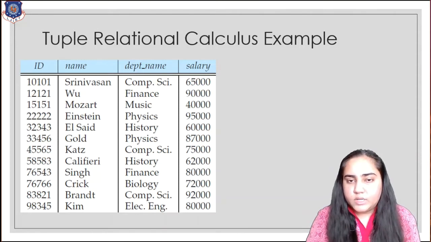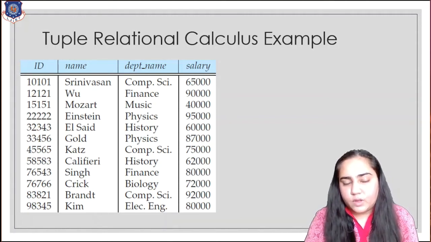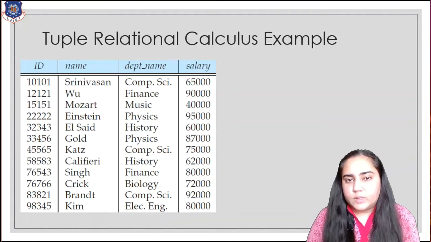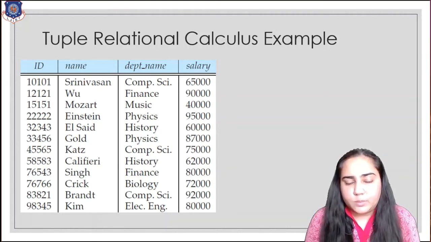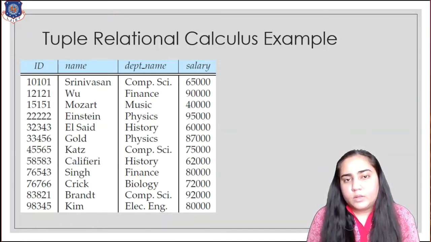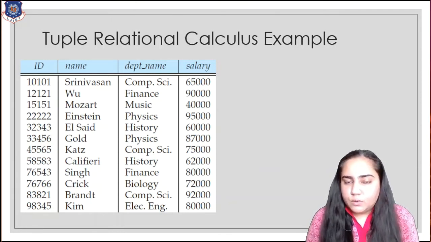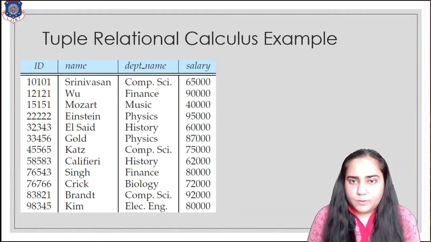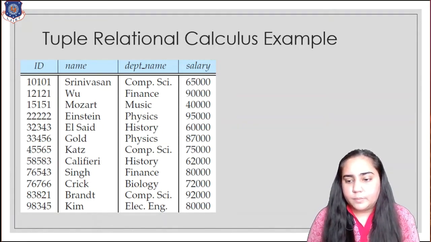And this is also a table that I have used in many videos, previous ones and even forthcoming ones, because relational calculus is just like relational algebra. And so if we use the same relations, you will be able to correlate the two better.